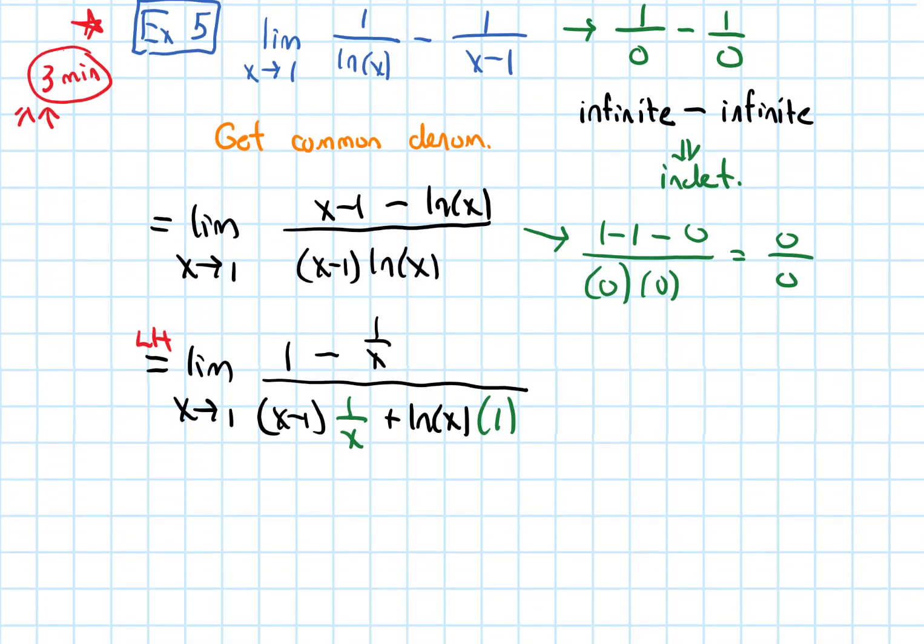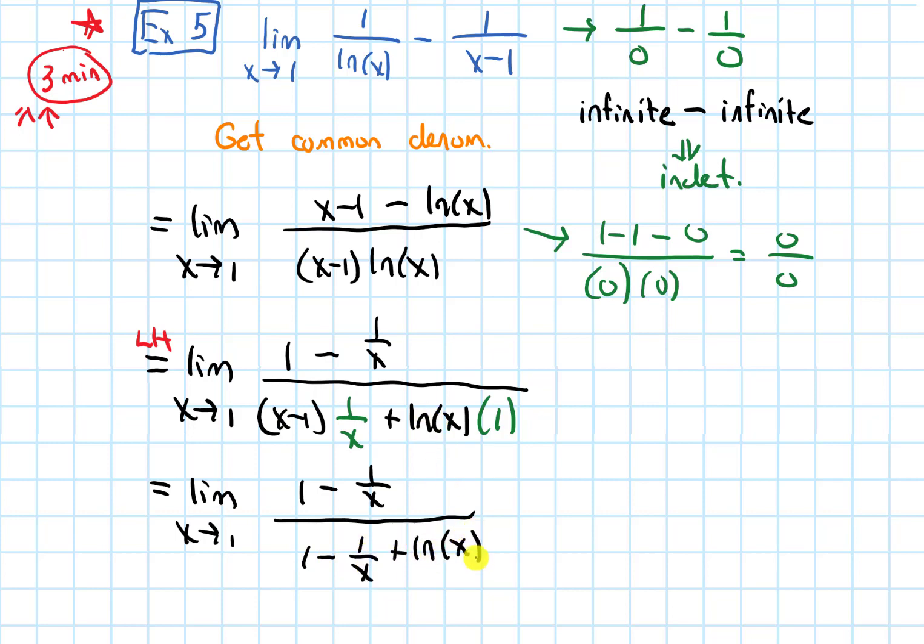Okay, and now let's simplify a little bit. We get the limit as x approaches 1 of 1 minus 1 over x over, let's distribute 1 over x to these two terms. So 1 over x times x is 1, and then times the negative 1 is minus 1 over x. And then plus ln of x times 1 is just ln of x.